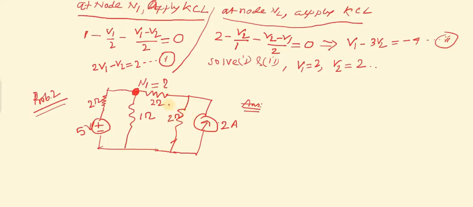It will be easy to solve after source transformation. Just transform this current source into a voltage source. I already told how to transform a voltage source into a current source as well as a current source into a voltage source.